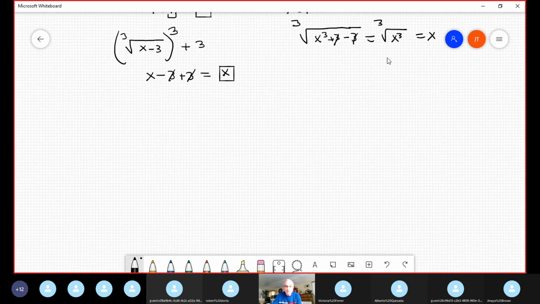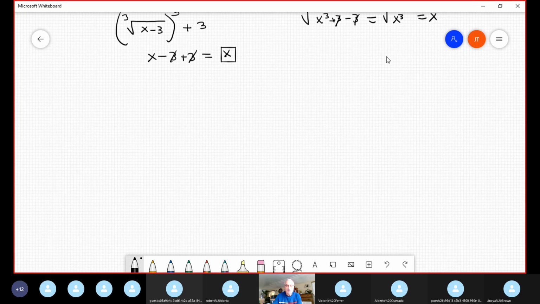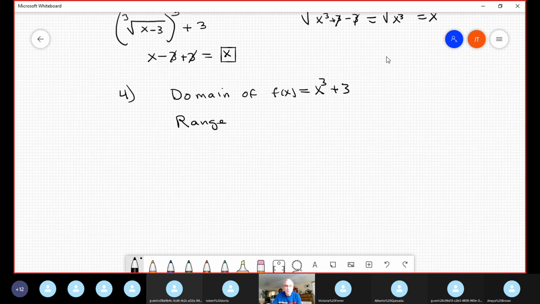Remember, we have 5 steps in this analysis of the inverse function. Number 4 is determine domain and range. So we need to determine the domain of the original. Okay, the original is f of x equal x cubed plus 3. And range, why not, of the same function, f of x equal x cubed plus 3.